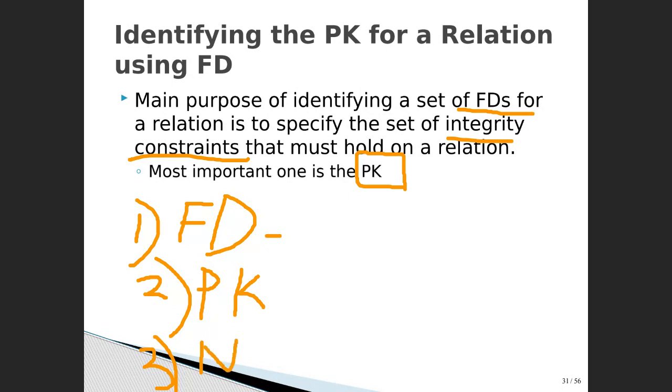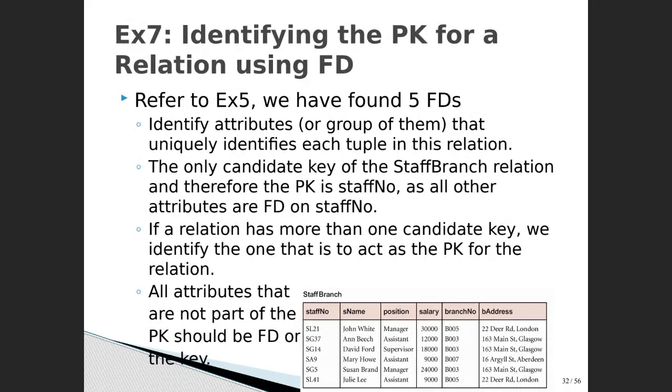Got the point? First, you identify the relationship between attributes, which is known as functional dependencies. Number 2, the primary key for each relation. Number 3, start the normalization. Now let's see how we can identify the primary key. For example, what is the primary key for this relation?